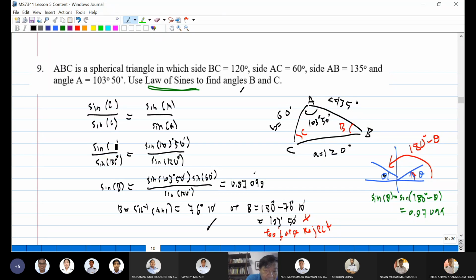Angle C is what we want to find. So when you write them, be careful, small letter and big letter, otherwise you get confused. So this thing is a side. Okay, so now I have 135 here.